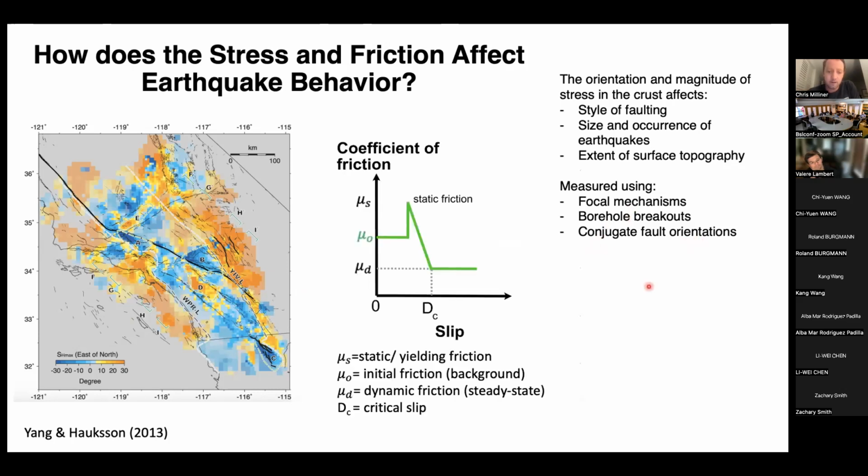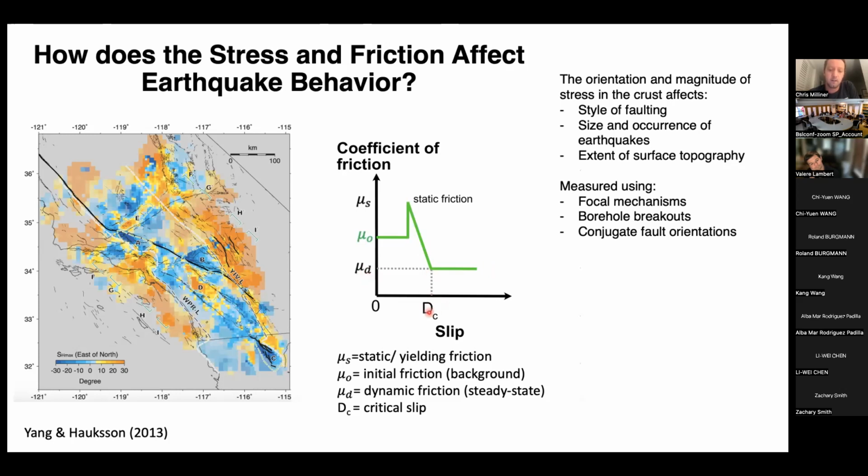And then the fault friction. Typically, the evolution of fault friction is observed in how it varies with slip. So this is showing the evolution of friction with slip. Here we have some friction with some initial value, and then we have an increase towards the static friction or the yielding friction, and then that typically decreases to a steady state value, which is the dynamic friction.